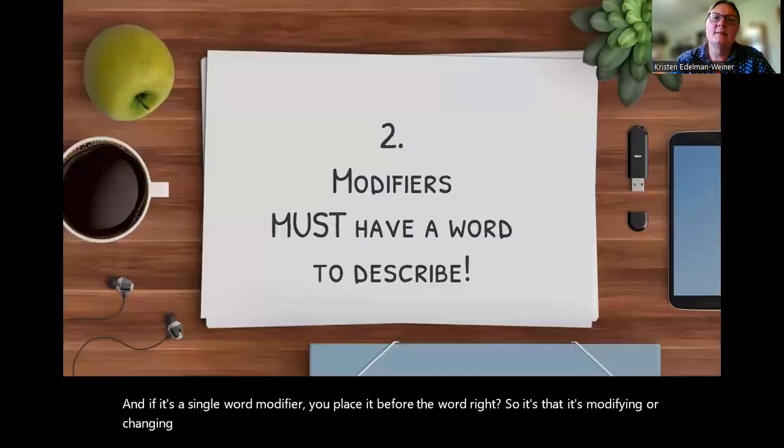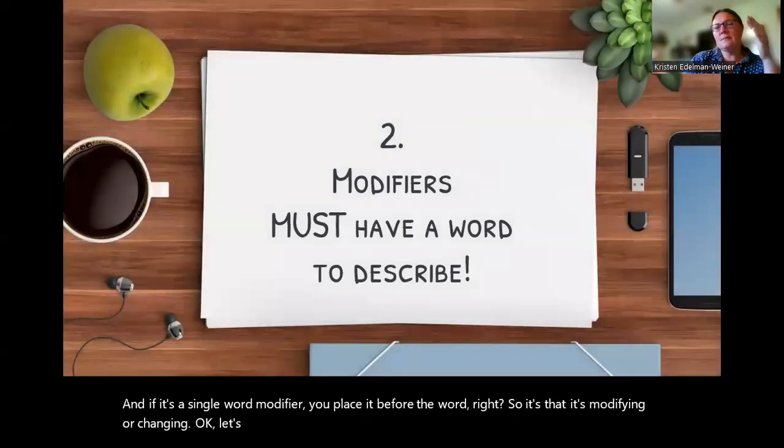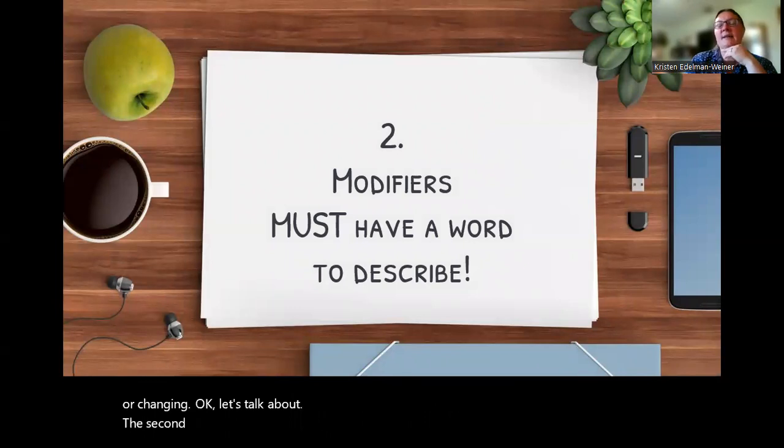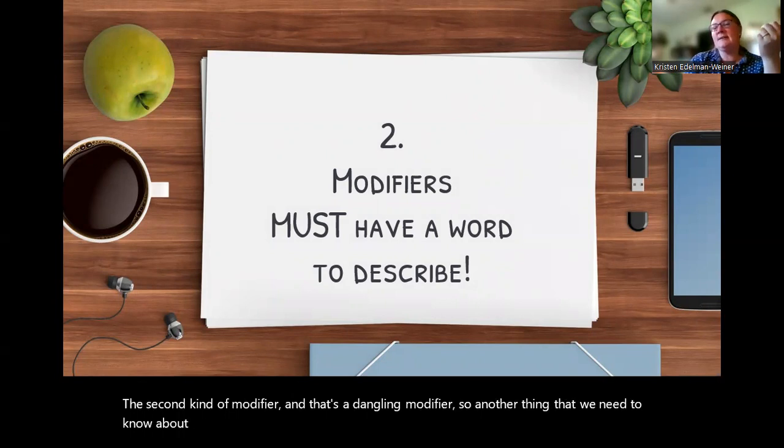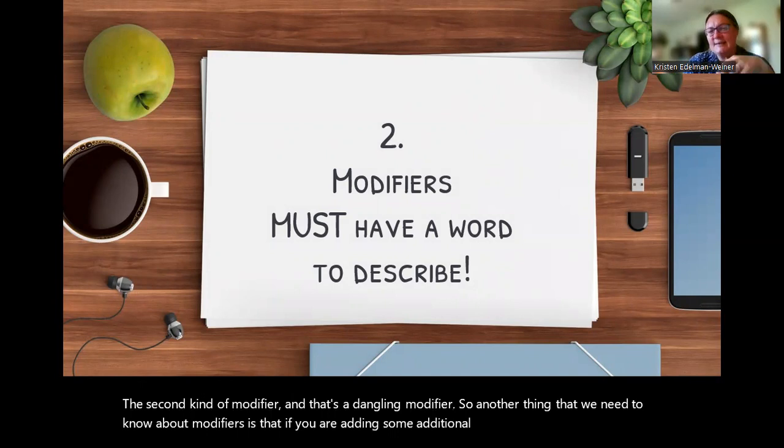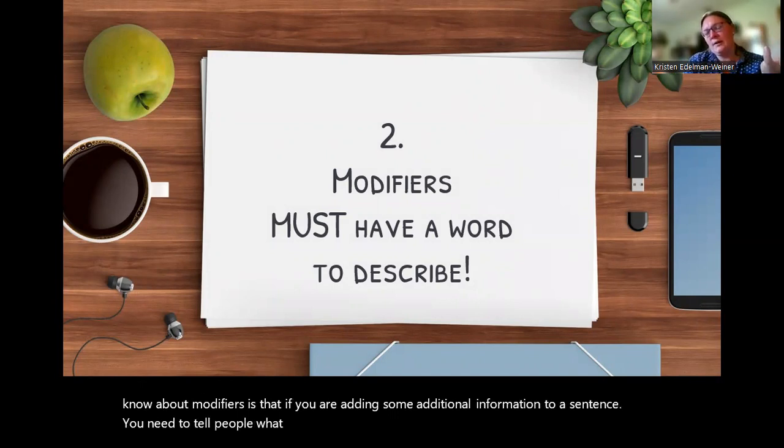Okay, let's talk about the second kind of modifier, and that's the dangling modifier. So another thing that we need to know about modifiers is that if you are adding some additional information to a sentence, you need to tell people what you're adding additional information to.